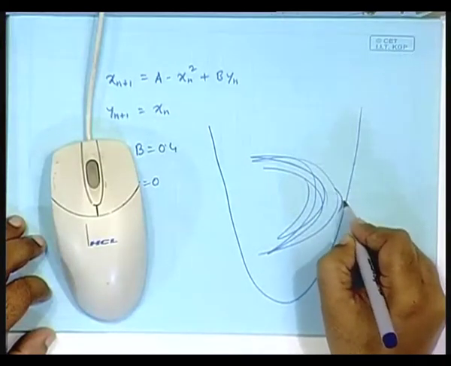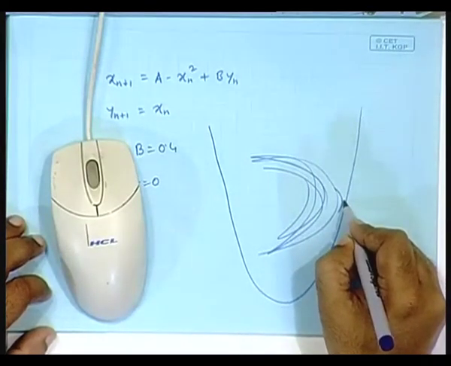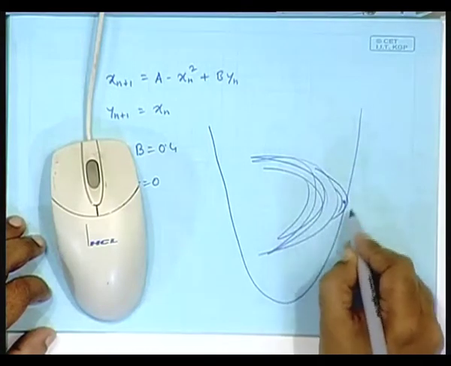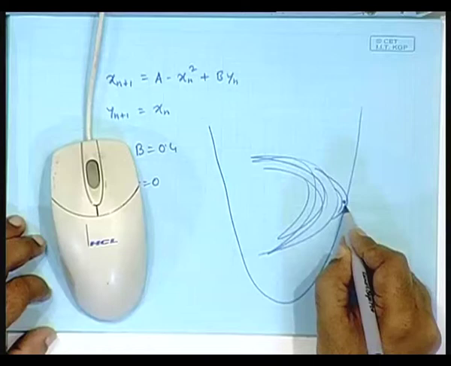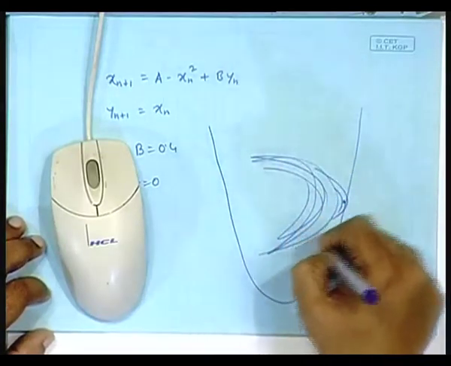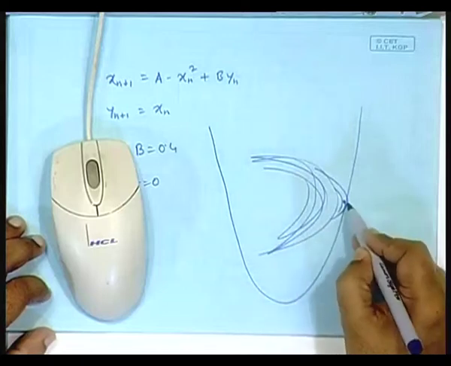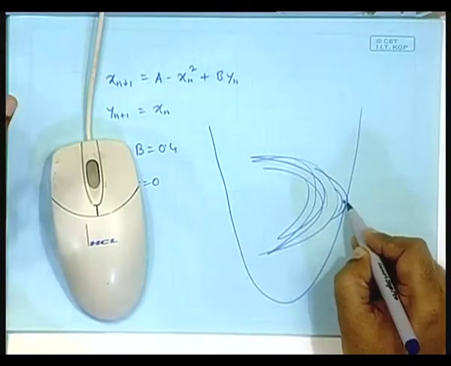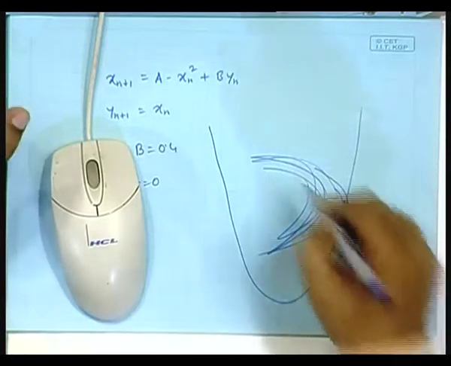Only this part has now intersected and gone to this side, which means that while doing the iterates, if an initial condition somehow falls in this part, then only it will go to infinity. Otherwise, it will keep on oscillating here.